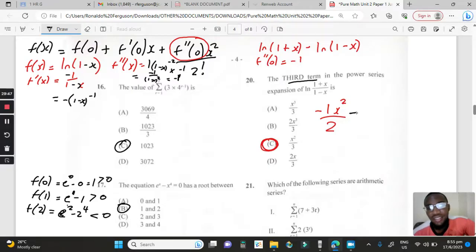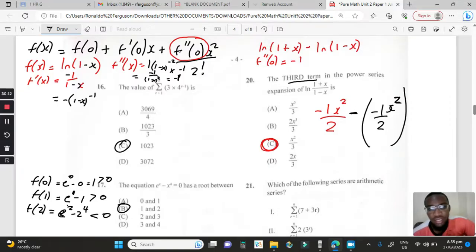So from that it is minus, in bracket, the second term, the f double prime is minus 1 over minus 1 x squared over 2 factorial, and 2 factorial is 2.